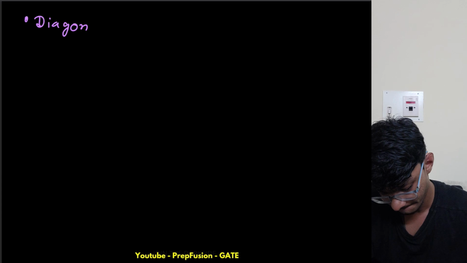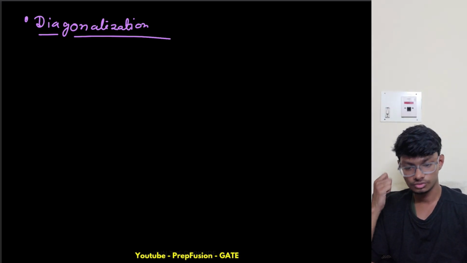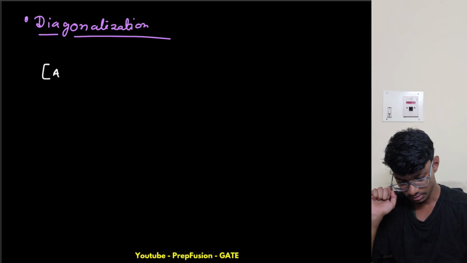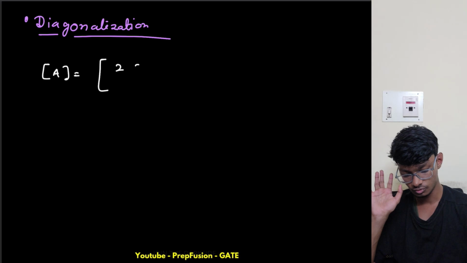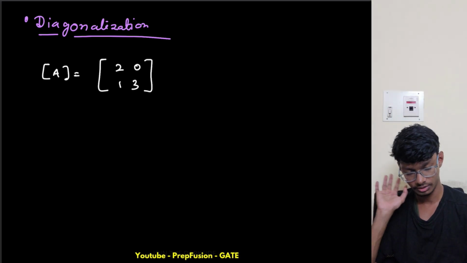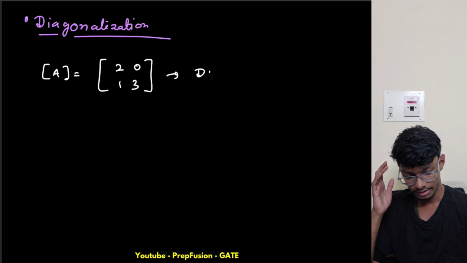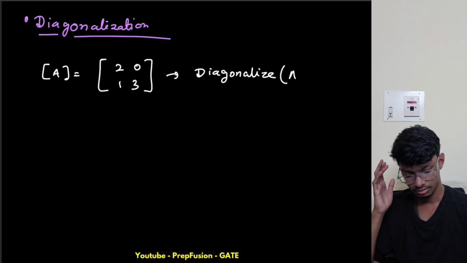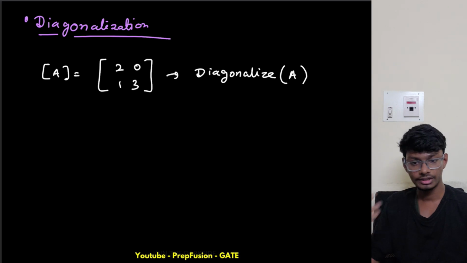Diagonalization. Okay, let's say I have one example, A is equal to that previous example only, 2 0 1 3. Now what it is asking is to diagonalize A. So how will I diagonalize?